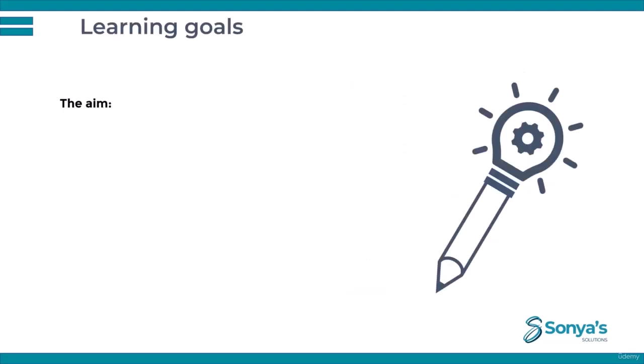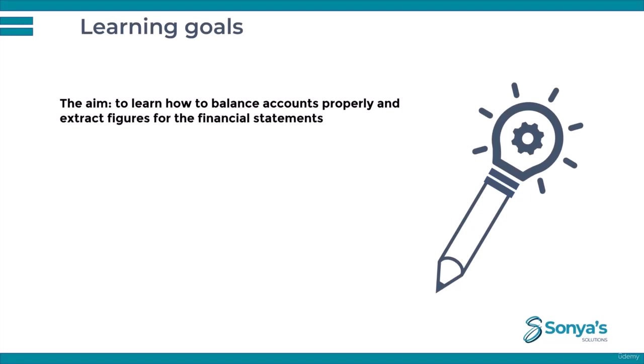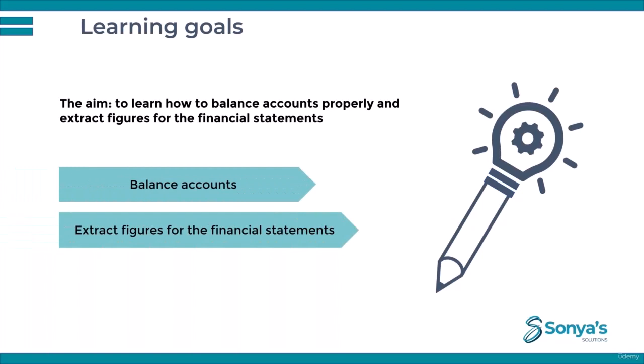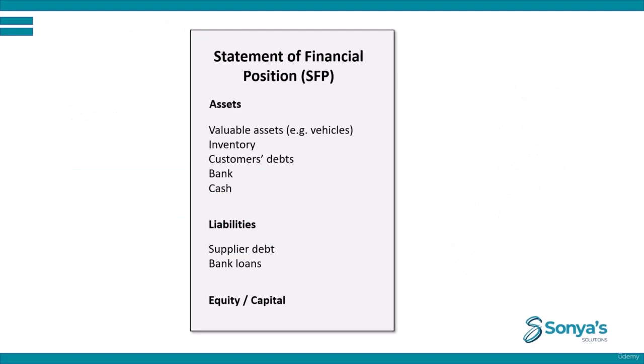Welcome back. In this lesson, the aim is to learn about how to balance accounts properly and extract figures for the financial statements. In this course, you've learned about two key financial statements that are prepared at the end of an accounting period.